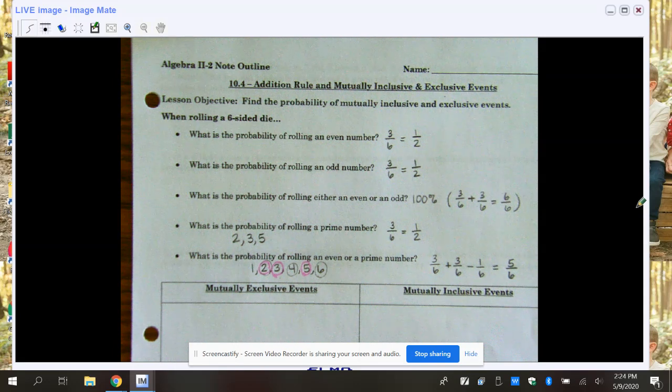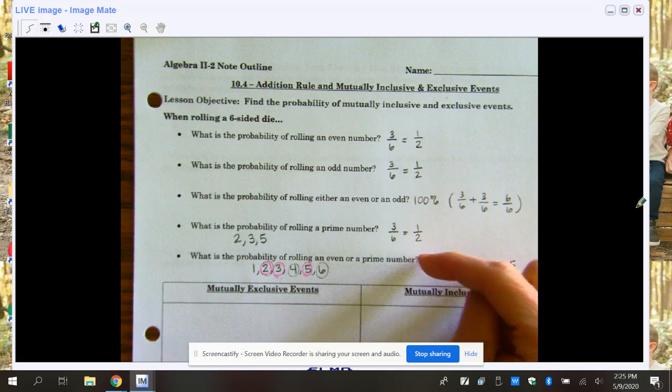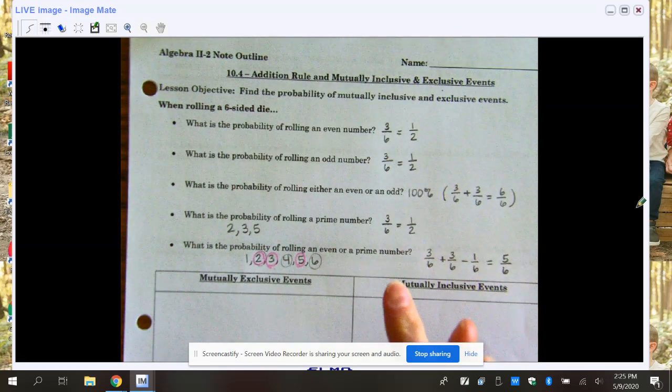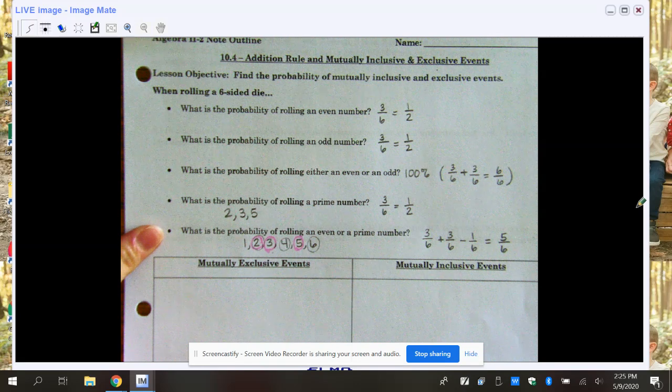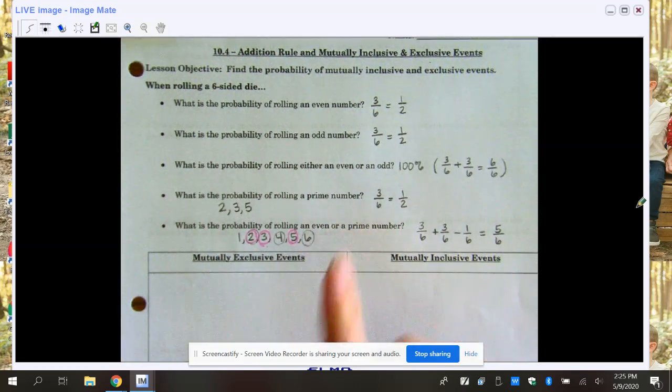Okay, so that is the difference between independent and dependent events versus mutually inclusive and exclusive events. If you look at the language here, this is saying what's the probability of rolling an even or a prime number, so you're just talking about one roll. If I changed this to what's the probability that I roll an even then a prime number, that's 2 rolls.